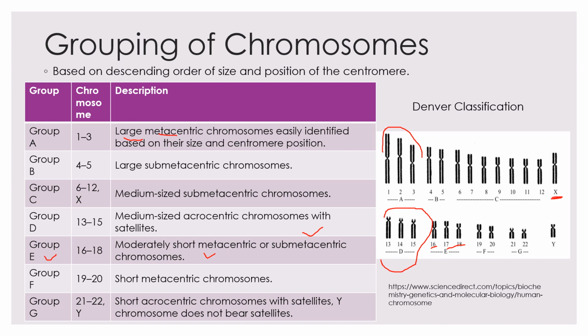If you see, both P and Q arms look similar and they are short, so called short metacentric. 19, 20, group F. And what is group G? Nothing but the short acrocentric chromosomes, which is 21, 22, and the Y chromosome.